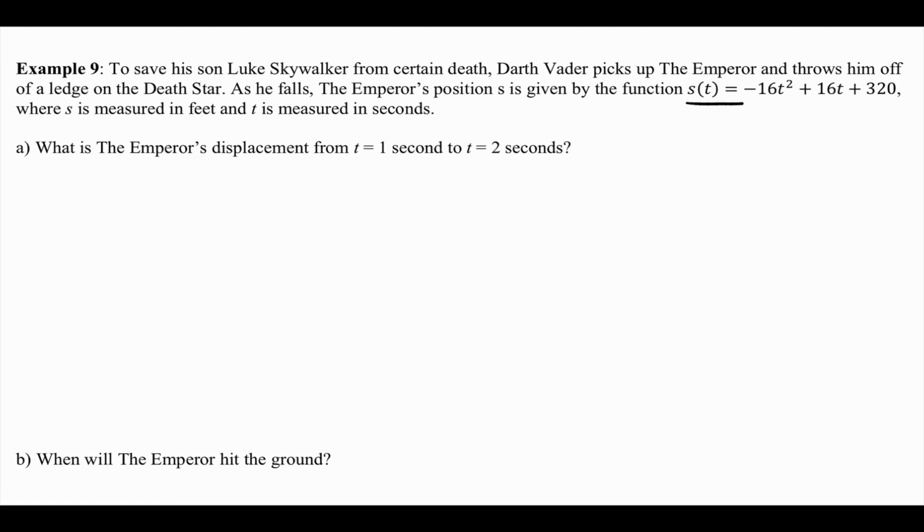Position. So if I want to know where he's at, location-wise, that's what I'm going to use. If I want to know how fast he's going, I need velocity. If I want to know how fast his rate is changing, that's acceleration. Okay? So the first question says, what is the Emperor's displacement? That's a word we haven't seen before. From 1 second to 2 seconds.